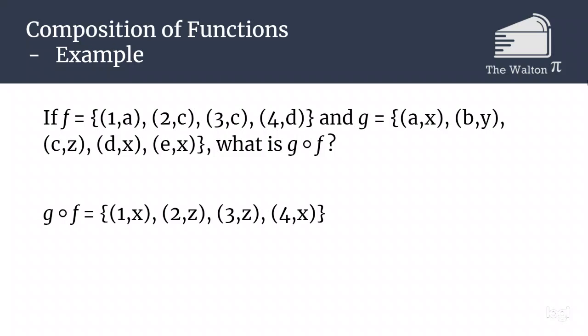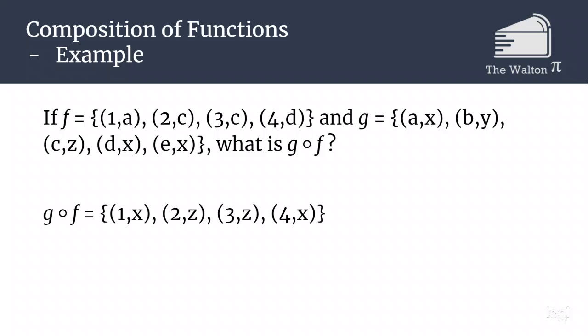So an example is if f is the function composed of the pairs (a, 1), (2, c), (3, c), and (4, d), and then g is the function of the pairs (a, x), (b, y), (c, z), (d, x), and (e, x), what is g of f?